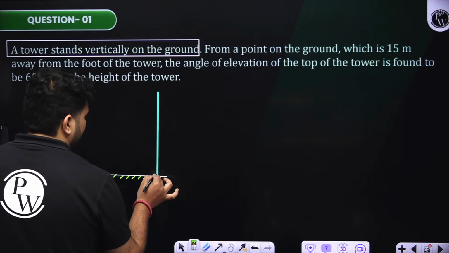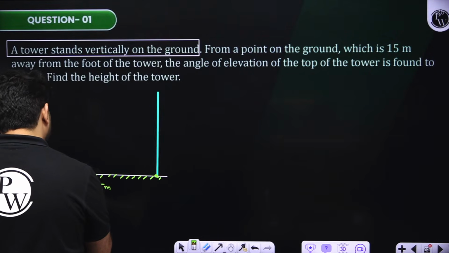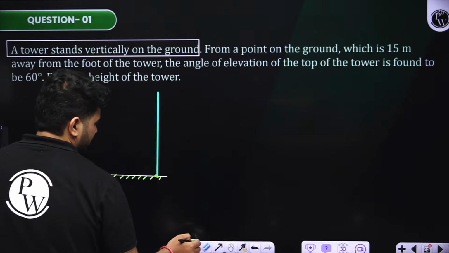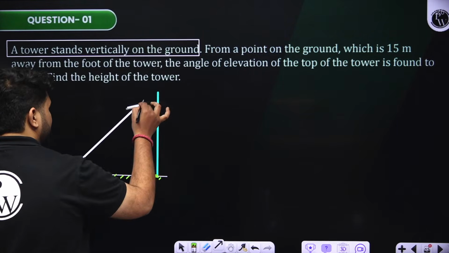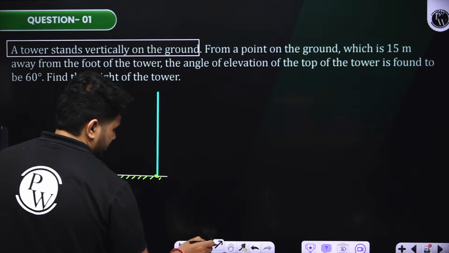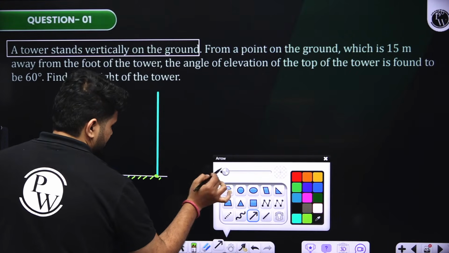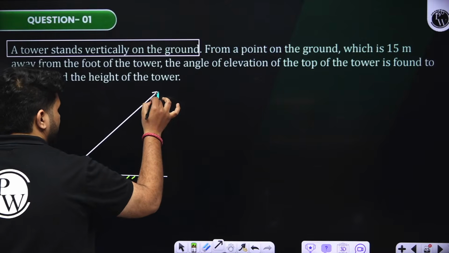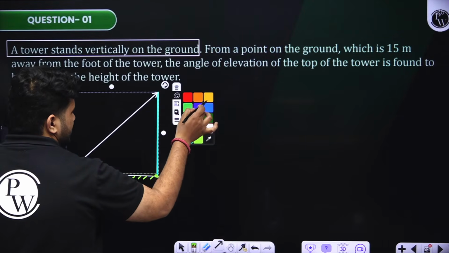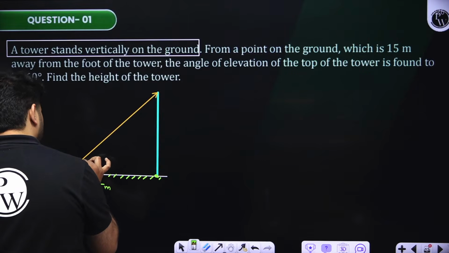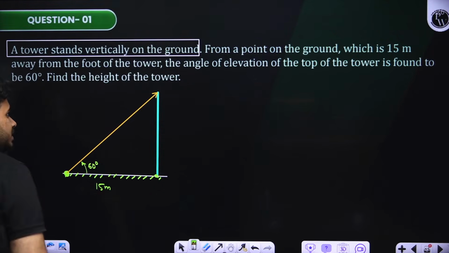There is an observer over here and the angle of elevation over here is nothing but 60 degrees. The angle of elevation is 60 degrees.